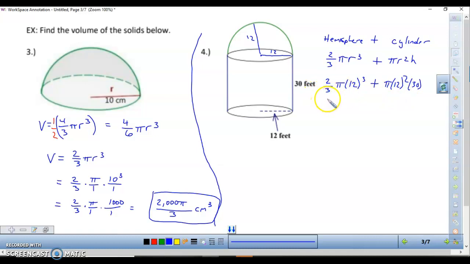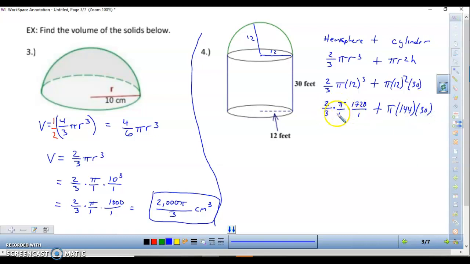So I'm going to do everything with fractions again to show my work. This is 2/3 times pi over 1 times 12 to the 3rd power. Let me punch it out in my calculator here. Is 1,728. All right, plus pi times 144 times 30.